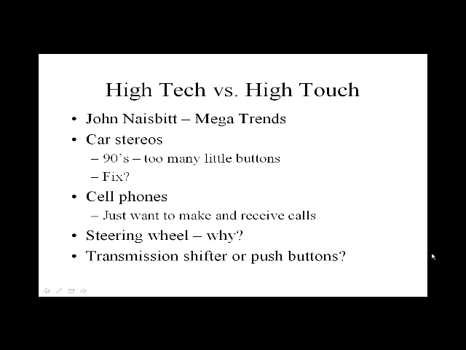What was the fix? Well, the fix was, in the newer cars, to come out with bigger buttons with maybe an LCD multifunctional display above it, so that any one button did a variety of functions depending upon the mode that it was in at the moment. It did one thing for CD, something else for FM, something for AM, and so forth.